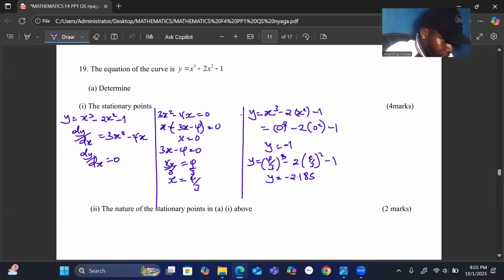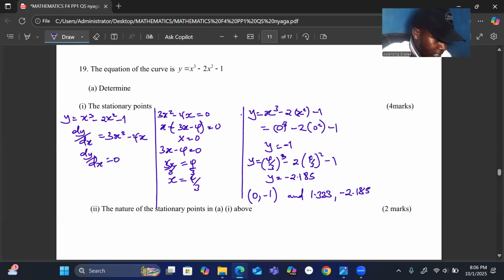So the stationary points will be 0, -1, and 1.33, negative 2.185.